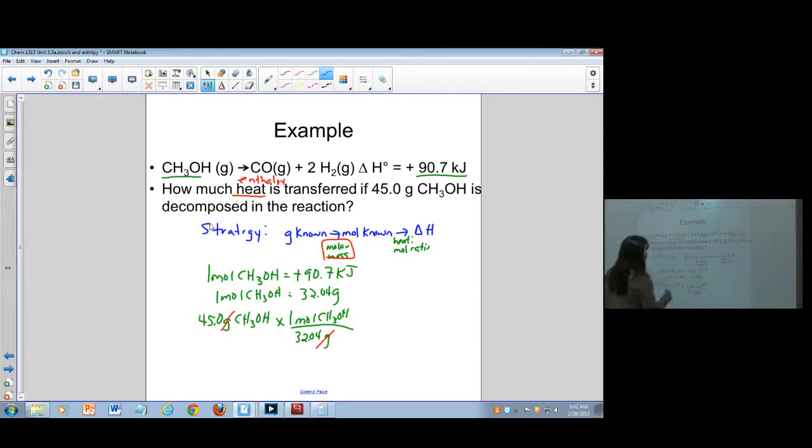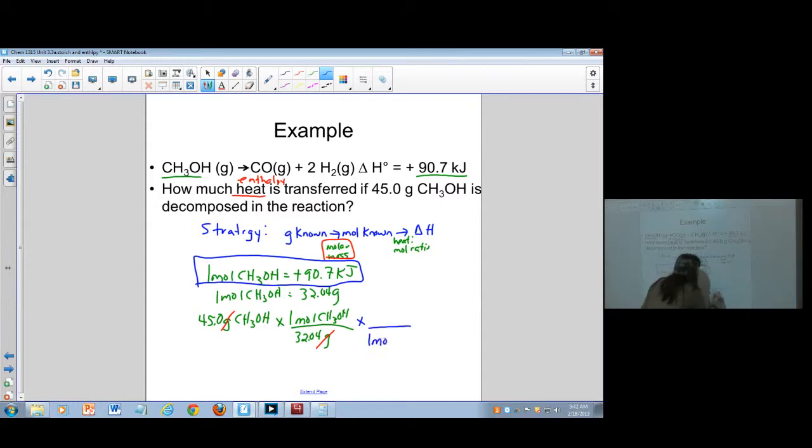Now, we can take this lovely heat to mole ratio that we set up right here. What we want to know about is heat, and what we want to get rid of is the mole. So I'm going to put 1 mole of methanol down here. And I know that there's 90.7 kilojoules from the thermochemical reaction.